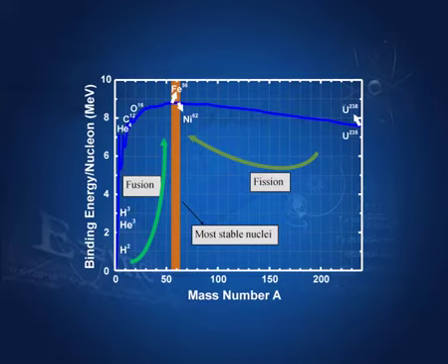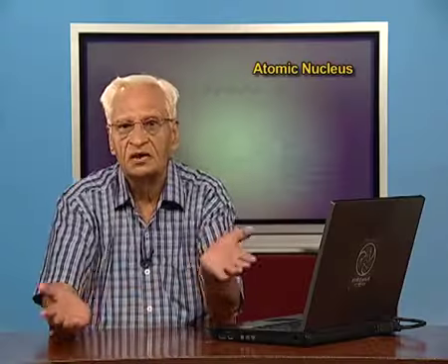That means they are more stable than the lighter nuclei here. So, on this side nuclei migrate towards this band by fission. On this side nuclei migrate towards this band of stable nuclei by fusion.